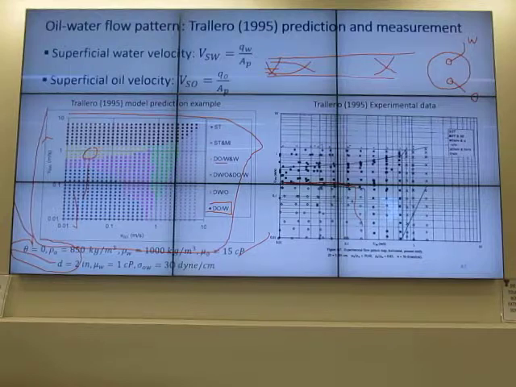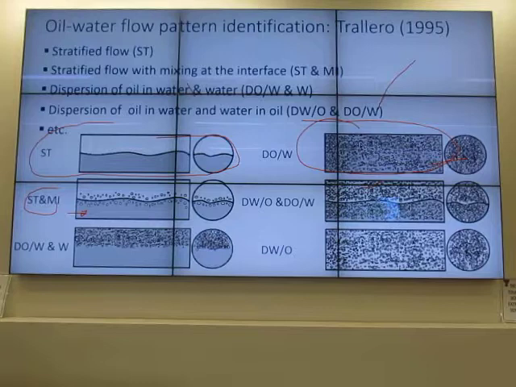What I want you to know from this graph is what happened when we flow everything slow, what happened when I flow oil fast but a little bit of water, and what happened when I flow water very fast and a little bit of oil. You should be able to say, hey, this burst of water in oil is for the case of flowing oil very quickly and a little bit of water.